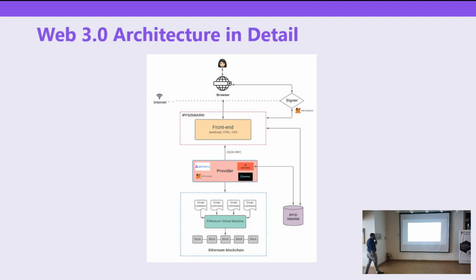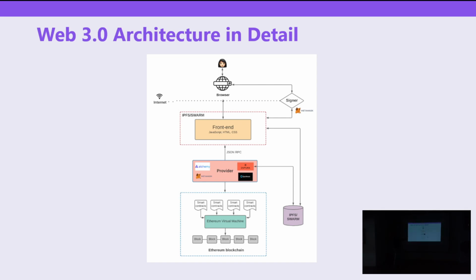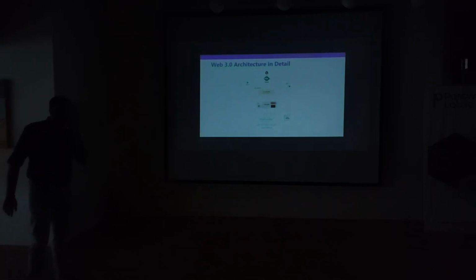Okay. Look at this slide. What do you see? Still, you have the back end part and the front end part, but there are some other components involved. You have IPFS, the InterPlanetary File System, or Swarm. These are needed to store some of the static content.